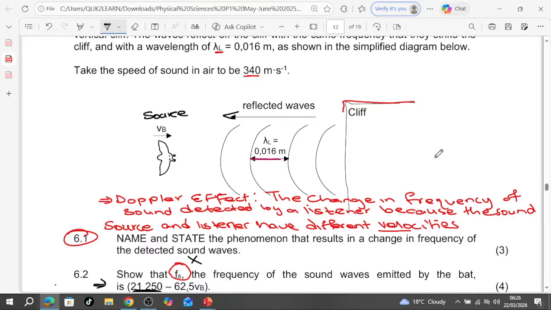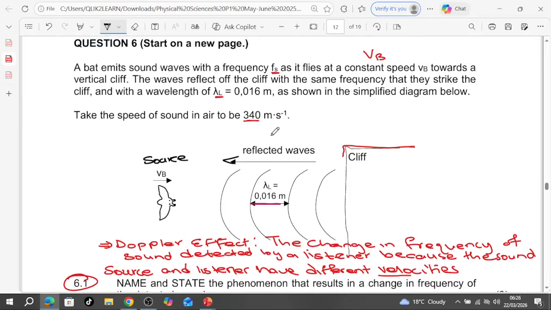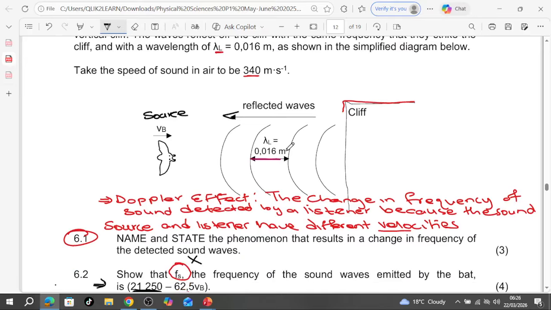And then we have the observer that is stationary. Which one is going to be our observer? The wave reflected off the cliff. Maybe I can consider my cliff as the observer, and the observer is not moving. So the observer is stationary.